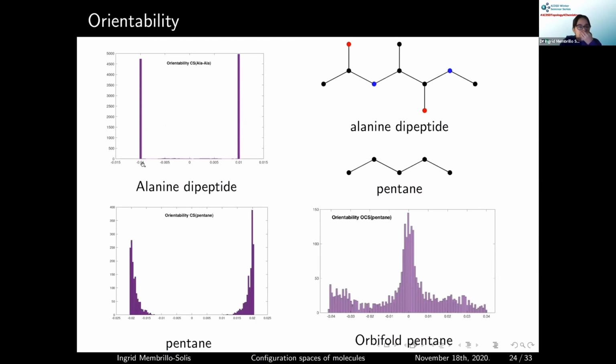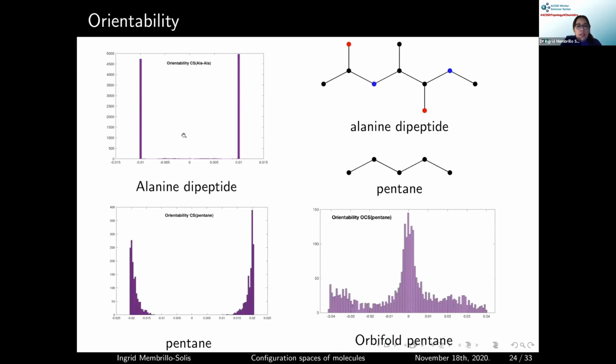Here, for alanine dipeptide, we clearly see these two possibilities. But when something is non-orientable, the algorithm cannot give only two possibilities; some other lines will appear in the middle, saying that the algorithm cannot define exactly what the orientation is.